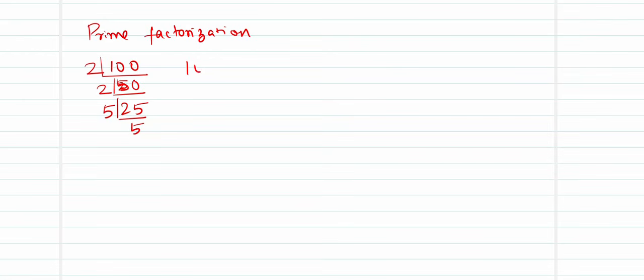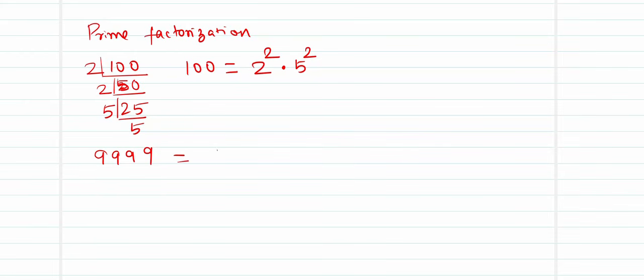So how can I express 100? 100 can be expressed as 2 to the power of 2 and 5 to the power of 2. This way of expressing 100 as a product of primes is going to be unique in nature. Say for example, we have 9999. How can I express this 9999?